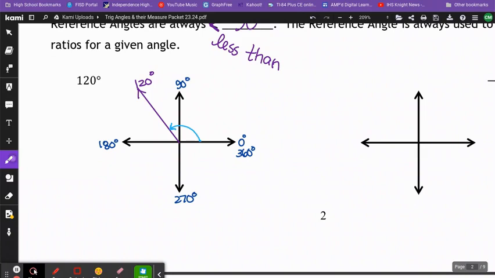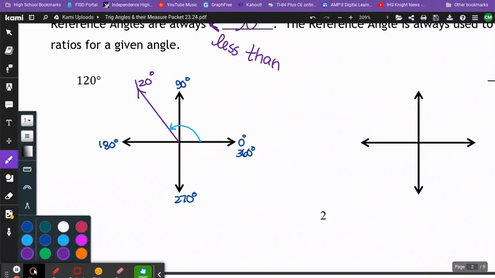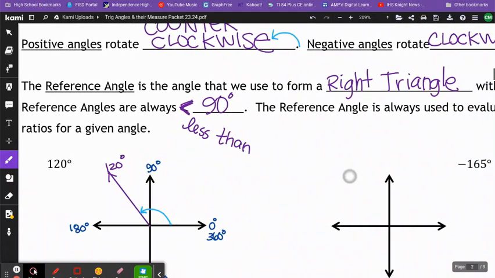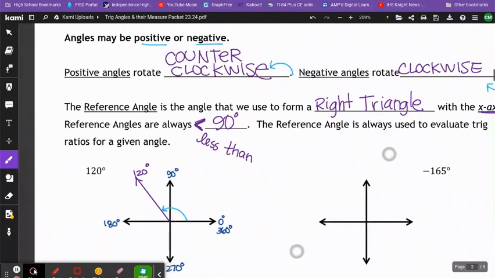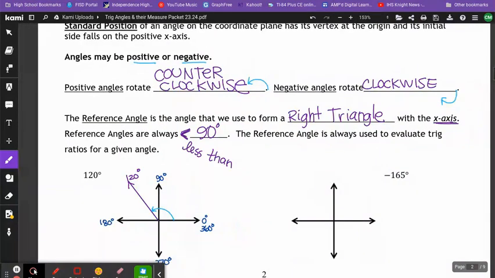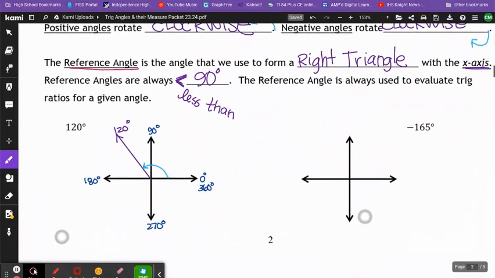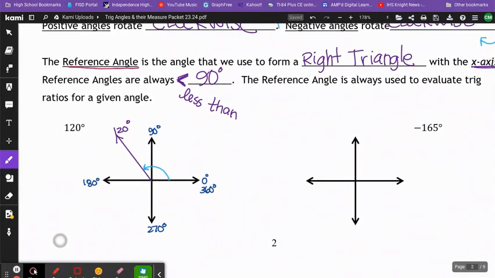So the way we do that is by forming a right triangle from the terminal side. Right here is where it defines our reference angle, the angle that we use to form the right triangle. It comes from the terminal side of the angle. So from here, I do what's called dropping a perpendicular. I always go to the x-axis and draw a right triangle.